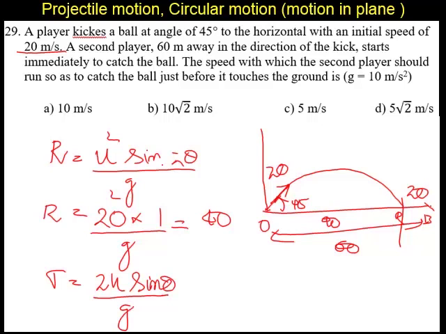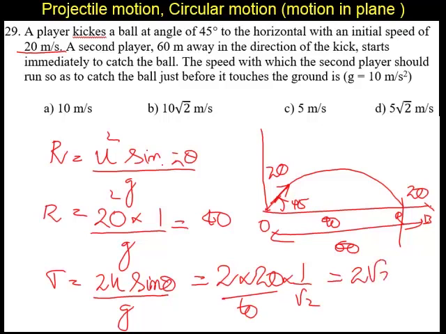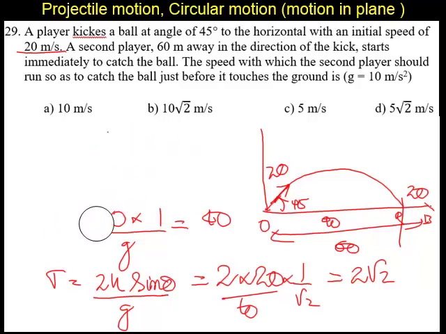So in this case it is 2 into u, which is 20, into sine 45, which is 1 by root 2, divided by g, which is 10. So it is 4 by root 2. Our answer is 2 root 2 is the time of flight. So we come to know the time of flight is 2 root 2, range is 40.